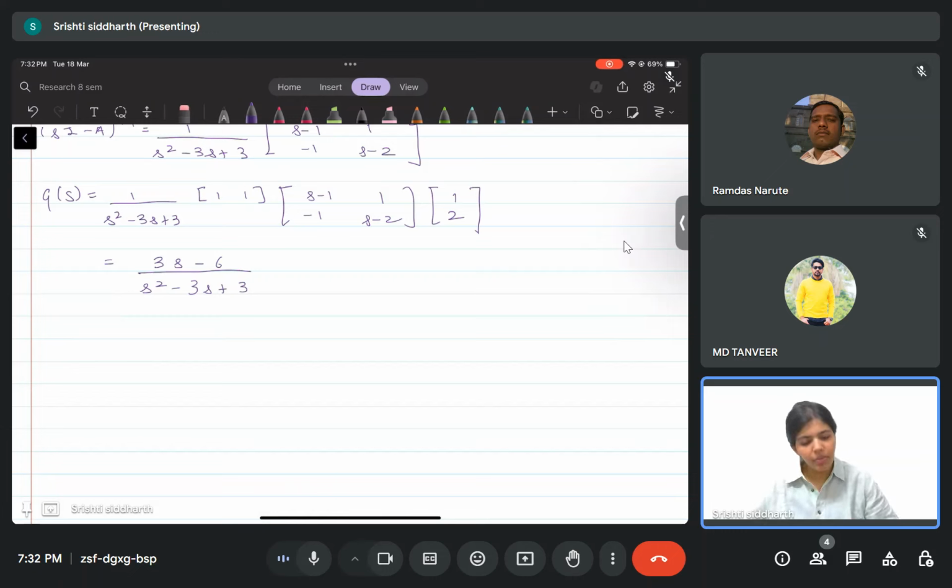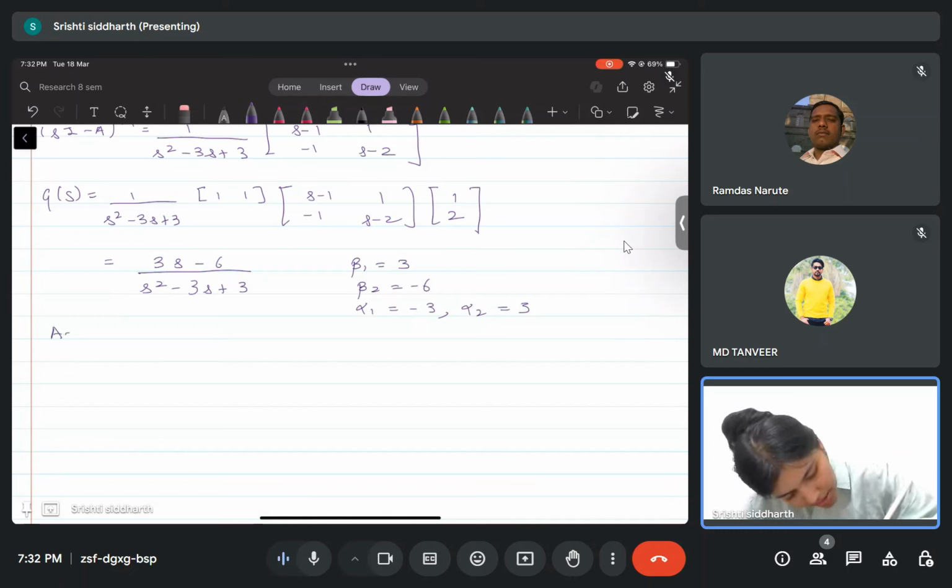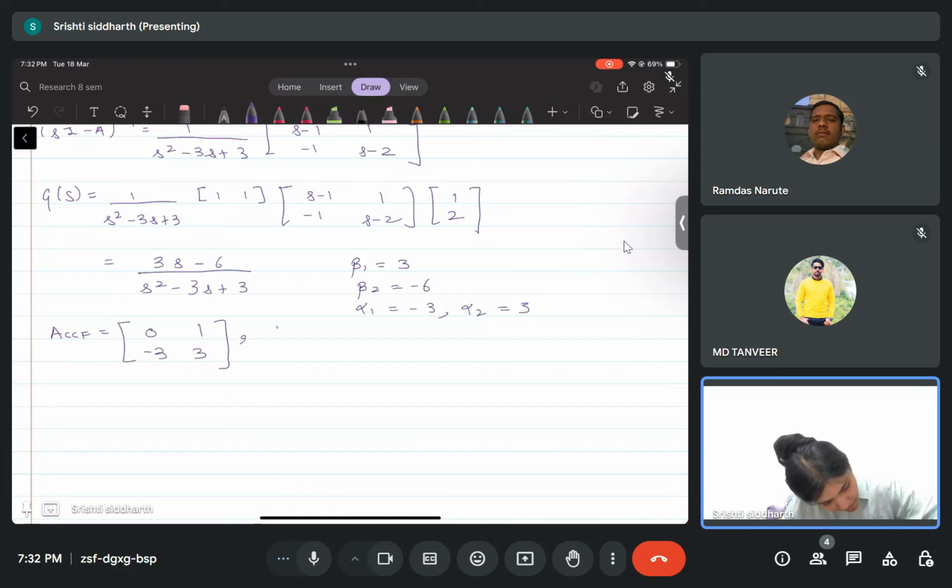Now you can simply write alphas and betas, right? So beta 1 is 3, beta 2 is minus 6, alpha 1 is minus 3, alpha 2 is 3. So A_CCF is going to be [0 1; minus 3 3], and C_CCF is going to be beta 1, beta 2. We already have B_CCF as [0; 1].